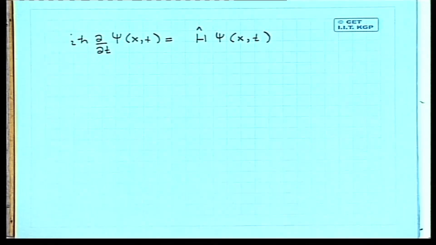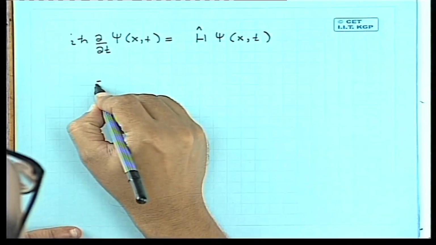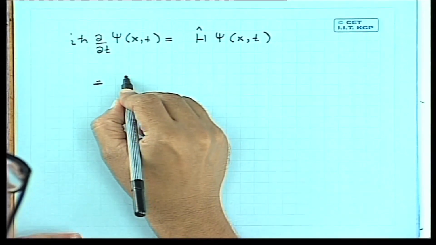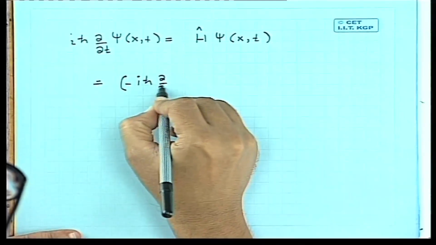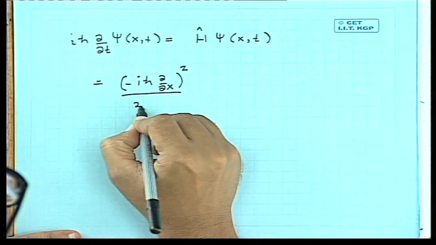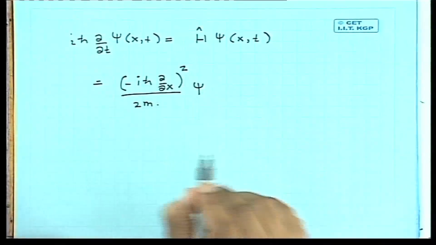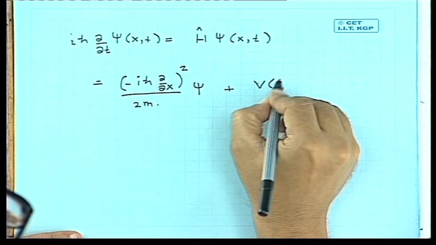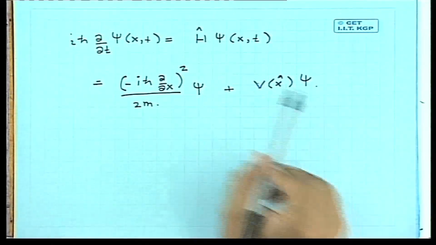If we plug in the form of H, then this is P square, where P is minus i h cross del by del x, so P square over 2m acting on psi, plus V(x) acting on psi, which is the same old Schrödinger equation.